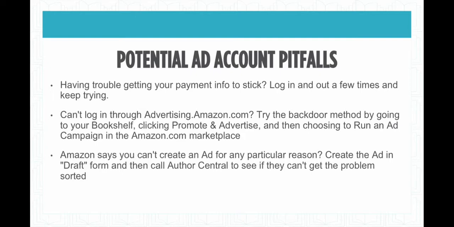If Amazon says you can't create an ad for any particular reason, for now, just create the ad in draft form, call Author Central, see if they can get that problem figured out for you. That does happen from time to time, but fortunately you can talk to support, see if they can walk you through a solution.